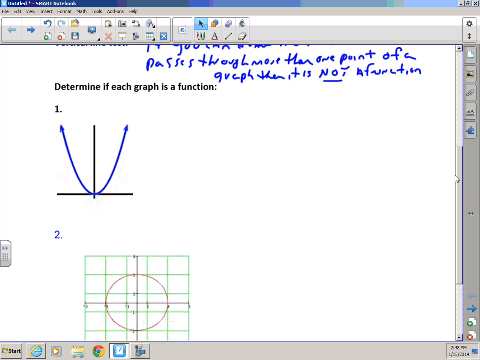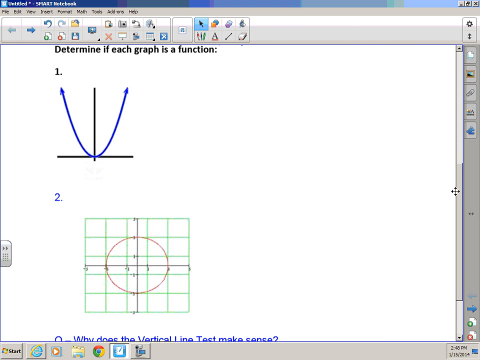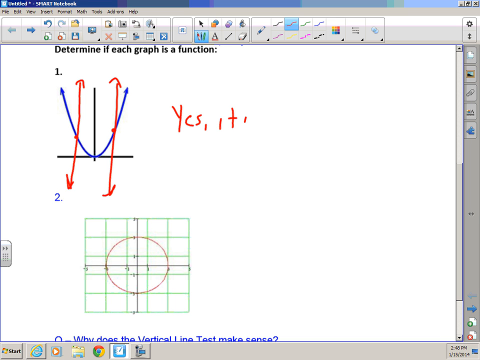Okay? If we look at the first one, it is a graph of a conic section called a parabola. If we were to draw any vertical line, that particular vertical line would only intersect it in one place. So, yes, it is a function.